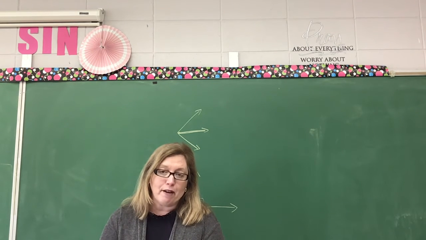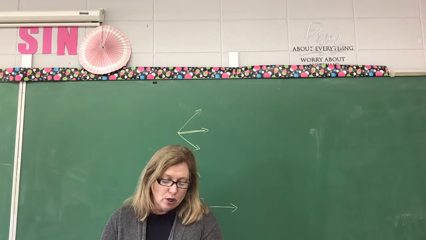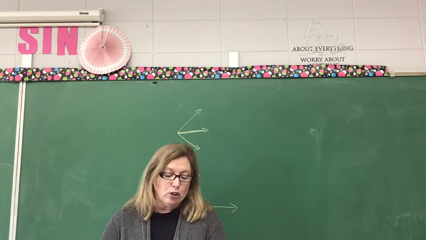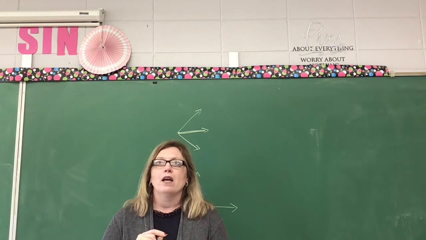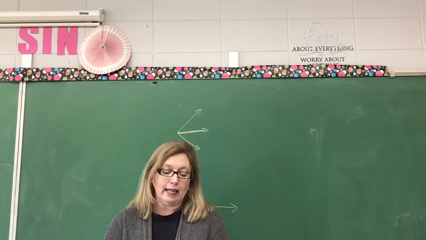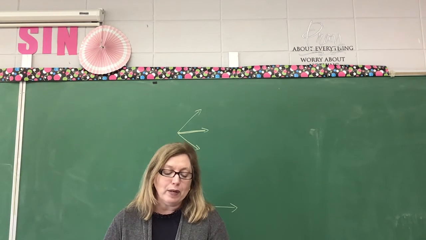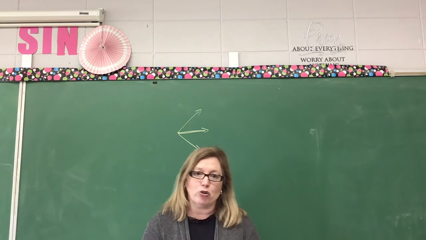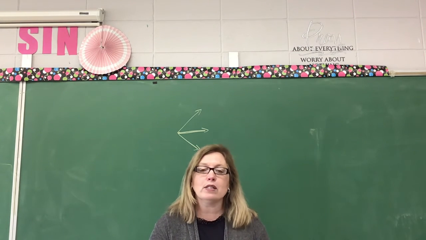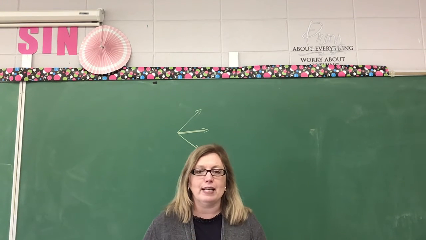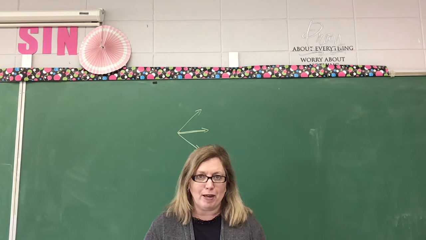Okay, when you have 2 angles, and let's say that the 2 angles that you're looking at equal 90 degrees, we would say that those 2 angles are complementary. If 2 angles that you're looking at equal 180 degrees, they are supplementary.